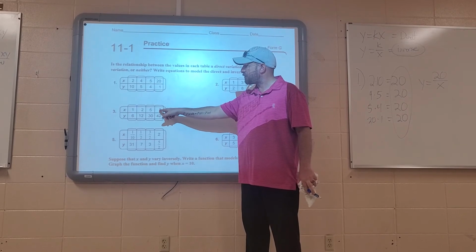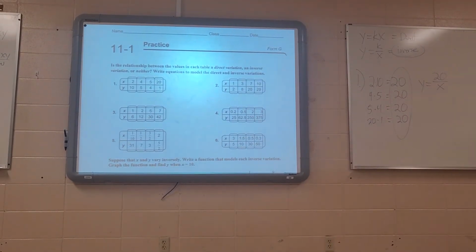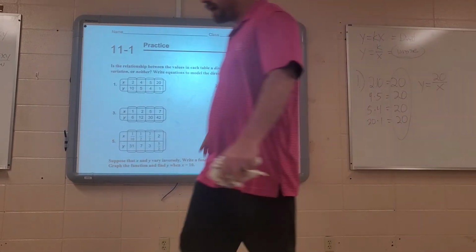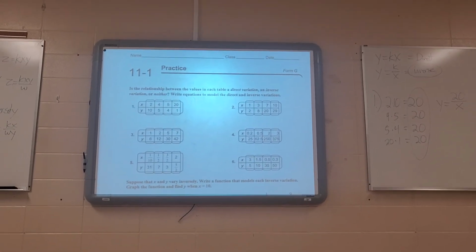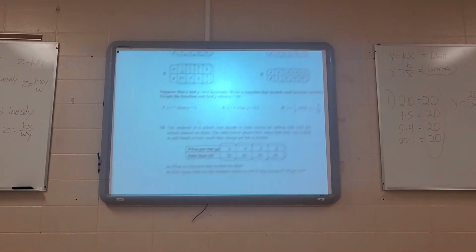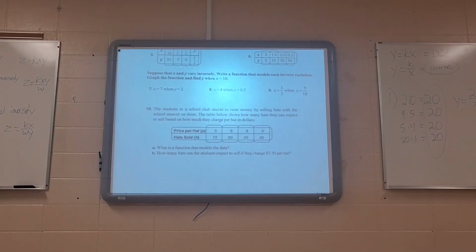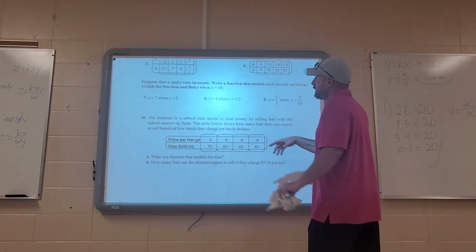And 42 equals 7 times 6? Yes. So number 3 would be direct. Does that make sense? Alright, so y'all go ahead and do those. I gave you all 3 examples. You should know how to do these two.